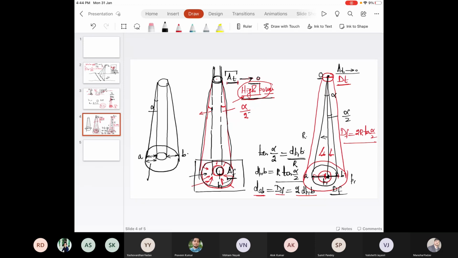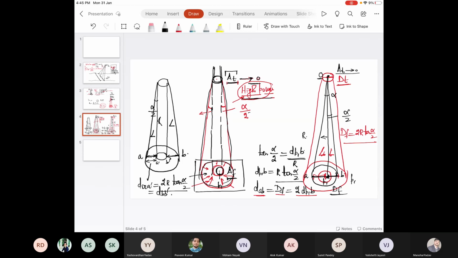This is alpha by 2, this is the range r. Let's say this is A dash and this is B dash. So D A dash is equal to 2 r tan alpha by 2. These two triangles are symmetrical, so B dash B will also be equal to D B B dash.